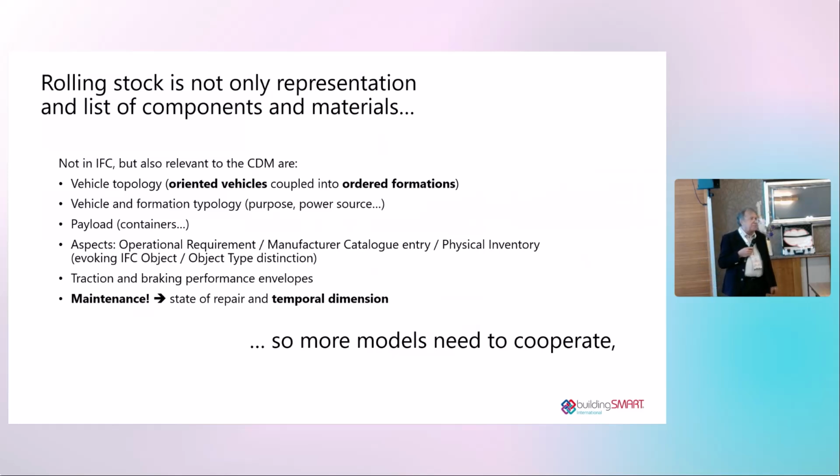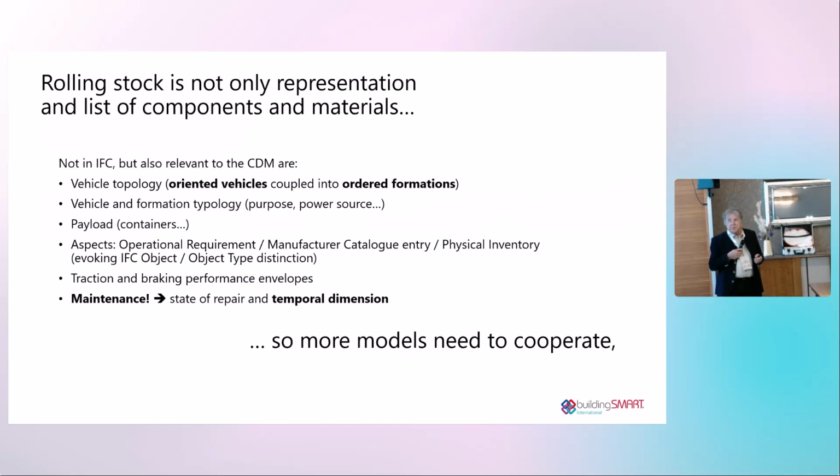A train set is an ordered set of oriented vehicles, and these are nuances that are not easily baked in the IFC schema. You could put that in annotations, but I want the important information to stay at the surface.